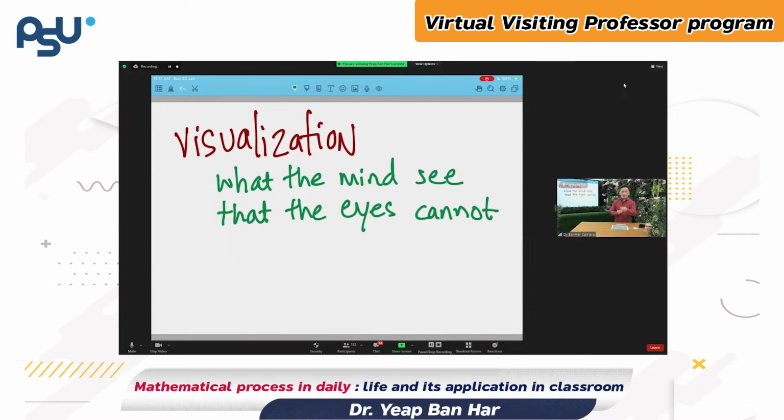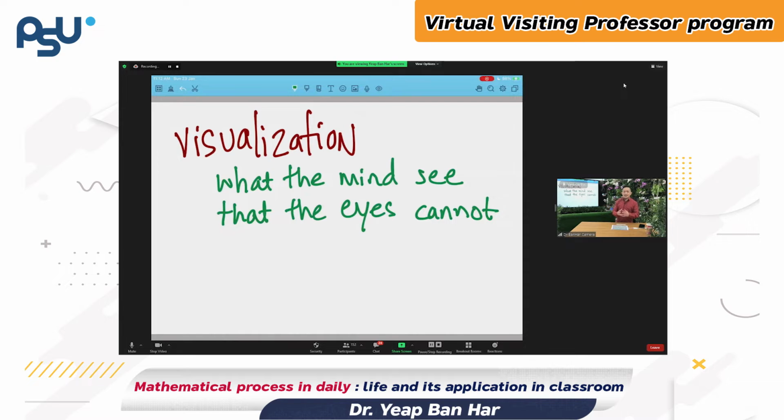Maybe we use ping pong ball and we show students about the nucleus and the electron. Or with technology, we can show them animation about how the atom look like. Or we can show them diagrams in a textbook.